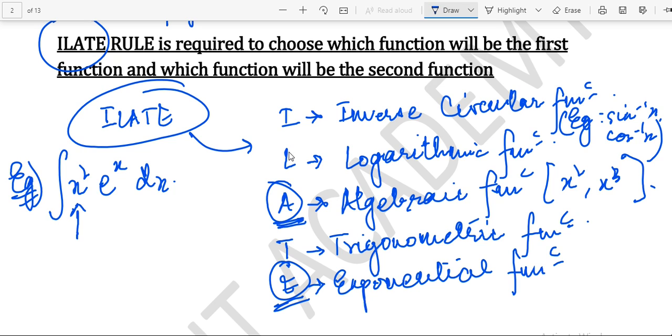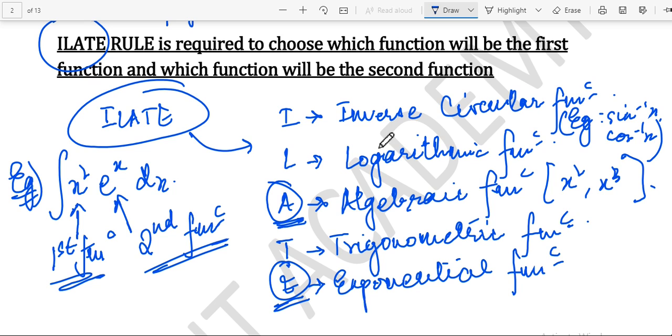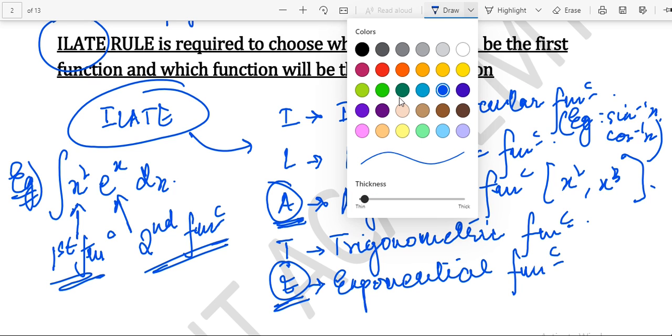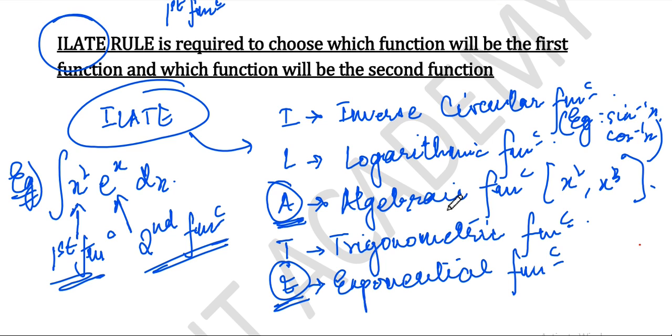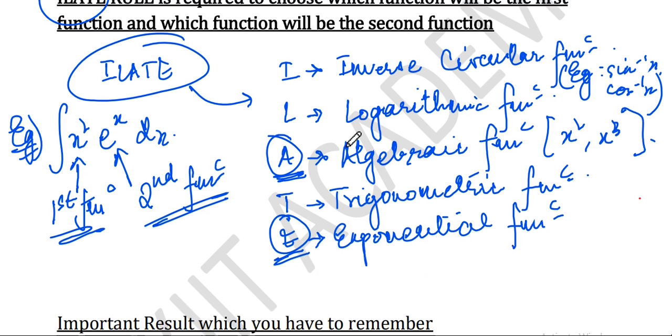So obviously x square is the algebraic function, so x square will come first and e to the power x will come after that. So this is the first function and this is the second function. Like this we have to decide. So this was the ILATE rule, which is very important in order to solve the problems of integration by parts.